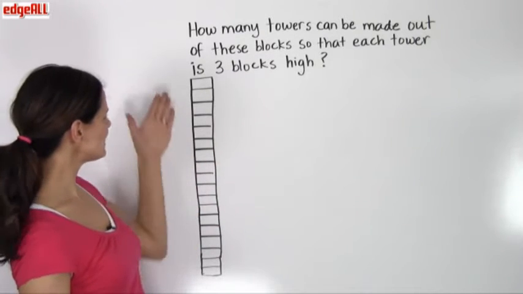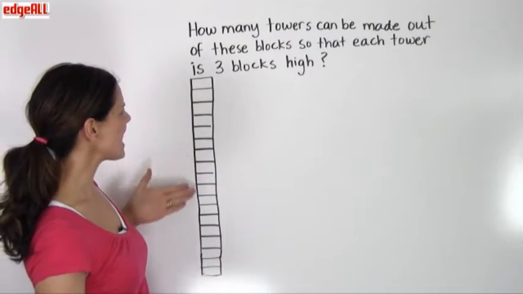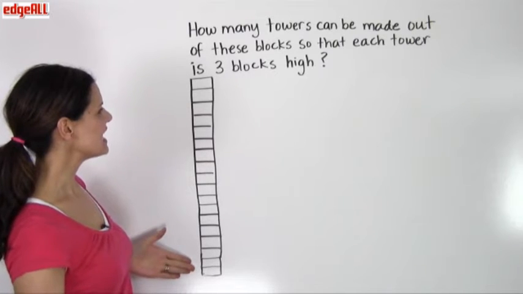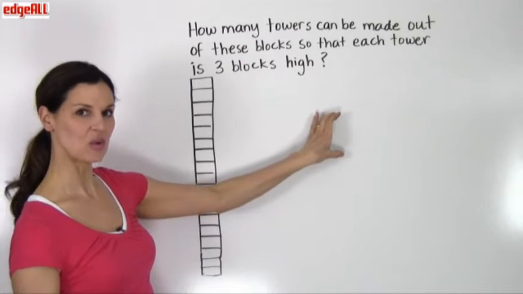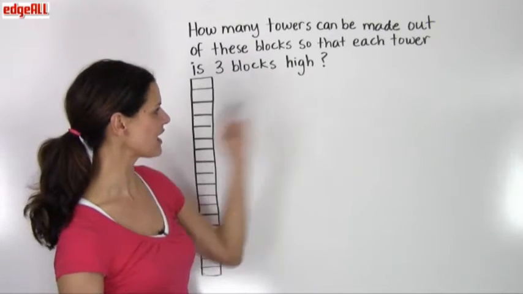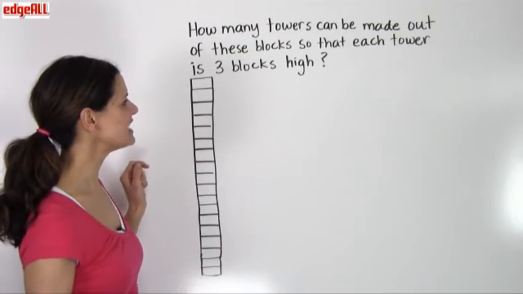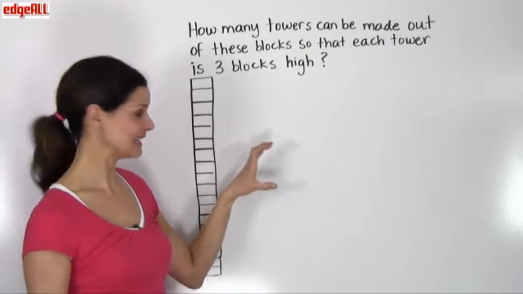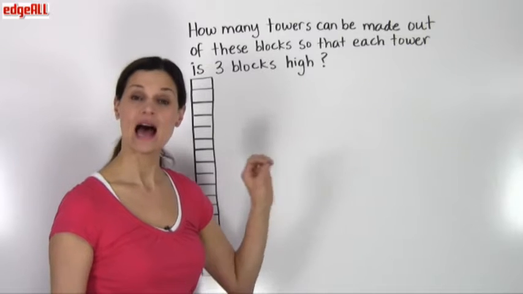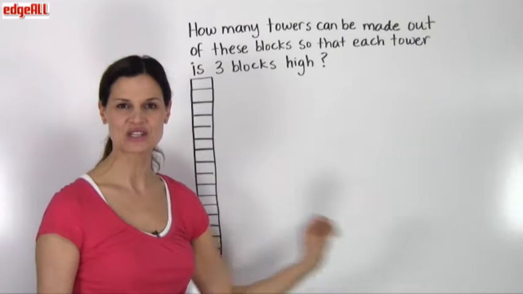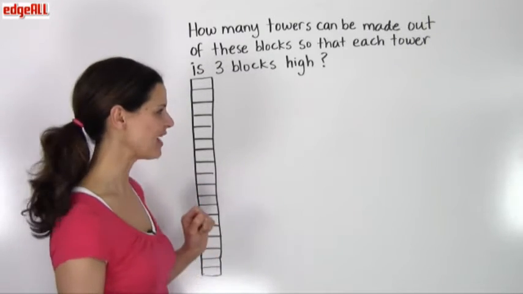So we are going to be dividing this group of 18 blocks into smaller groups where each group will have 3 blocks. And we want to find out how many little sets of 3 blocks each we are going to end up with.